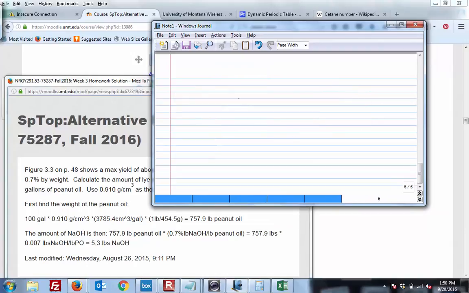So the problem states that the mass of lye per mass of peanut oil equals just 0.7%.